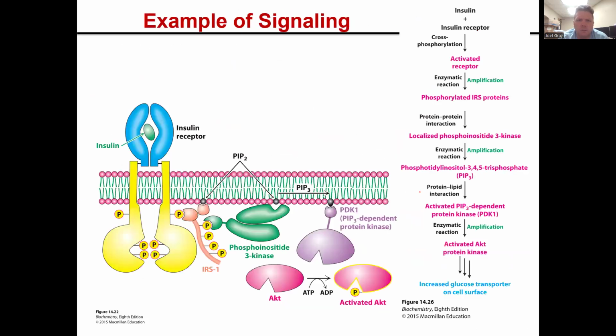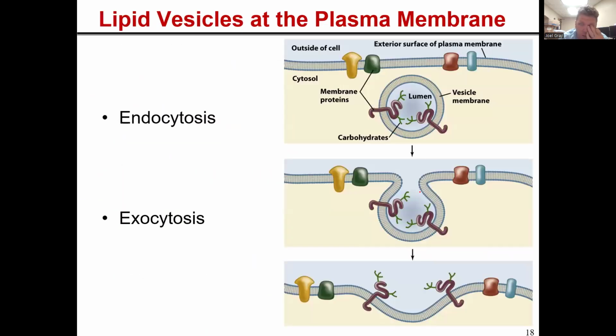And that is through a process known as endocytosis or exocytosis. A vesicle will be produced, and within that vesicle, the part of a protein that is going to end up on the outside of a cell will be packaged inside that vesicle.